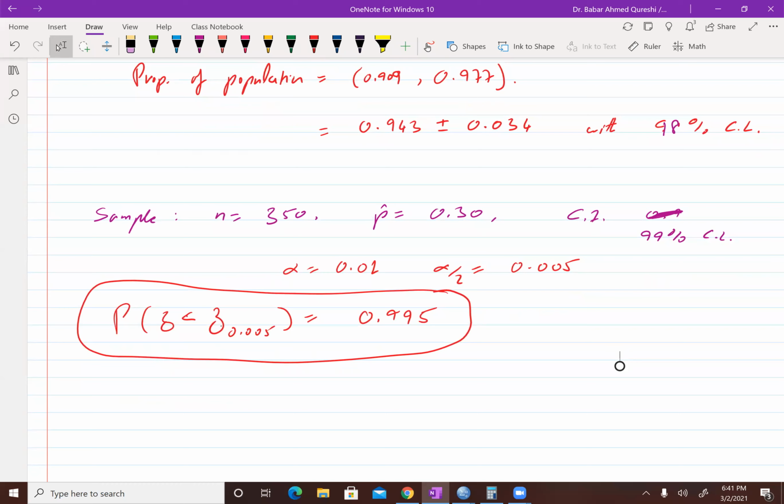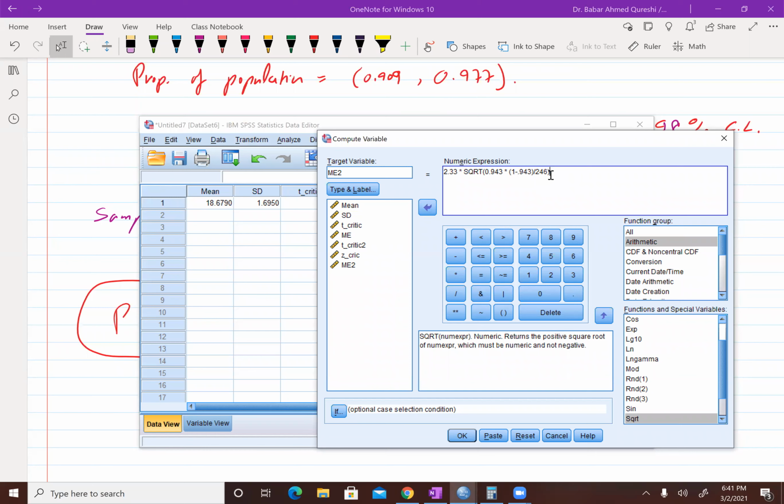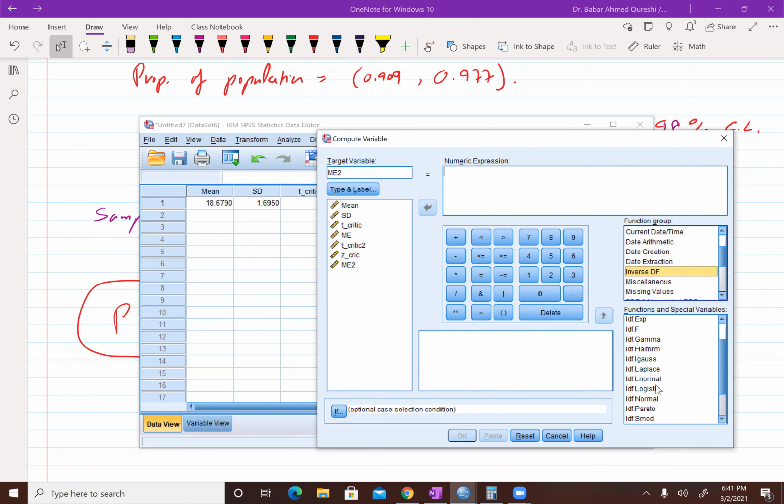When we do that, compute variable, inverse normal.